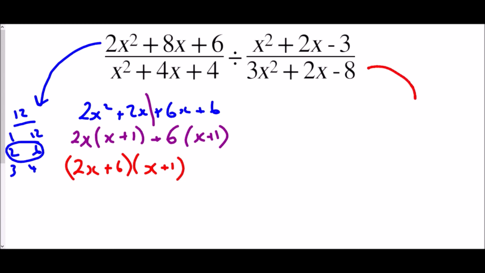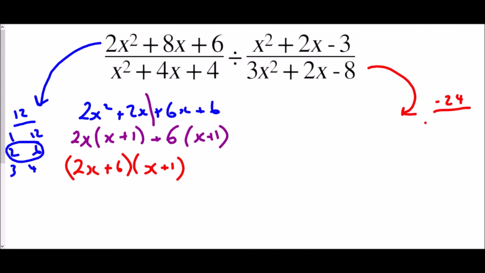In the right hand side of this, we have 3x squared plus 2x take away 8. So I want to do 3 times 8, negative 8 is negative 24. So I need two numbers that are going to multiply to make negative 24, but add to make positive 2.